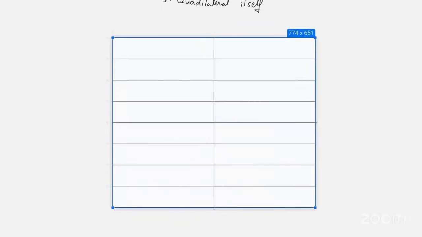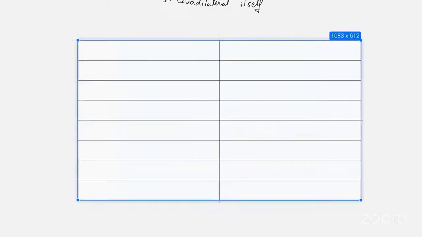I will quickly give you a table. This is about the quadrilateral.